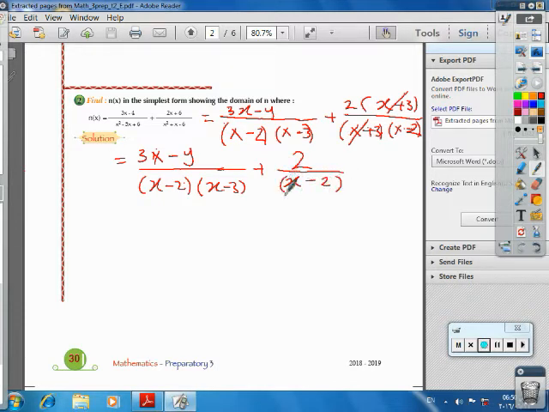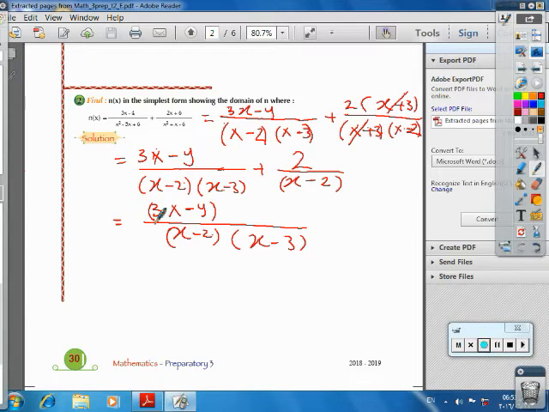Now in the two denominators we can see x − 2 and the second fraction x − 2 also. Now we can make the LCM to make them similar denominators: (x − 2) times (x − 3). In the second fraction we can multiply the numerator and denominator times (x − 3).